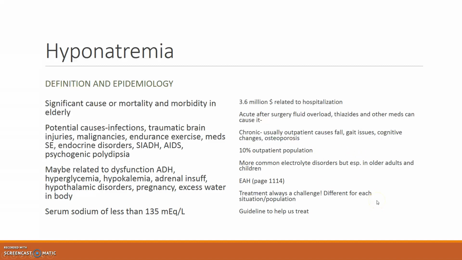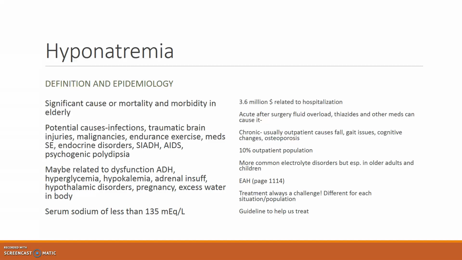It's the most common electrolyte disorder, but it's especially common in older adults and children. And again, I'm going to direct your attention to that exercise-associated hyponatremia. Look at that in detail on 1114.